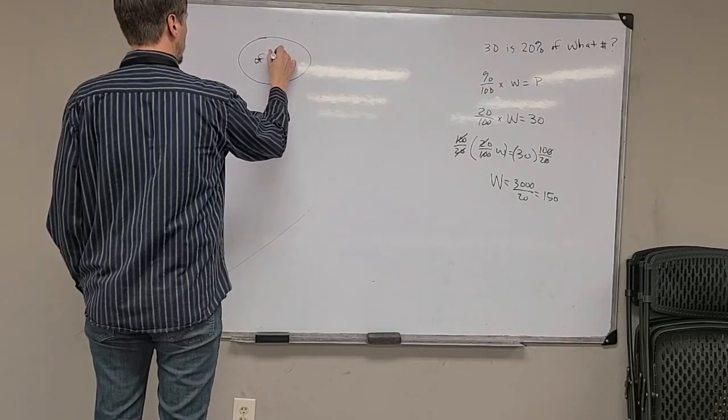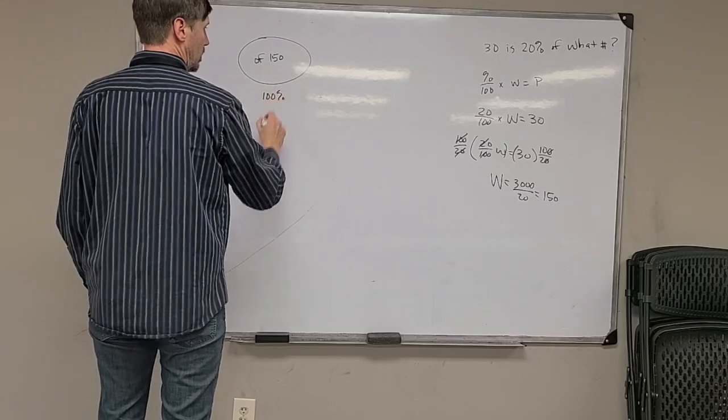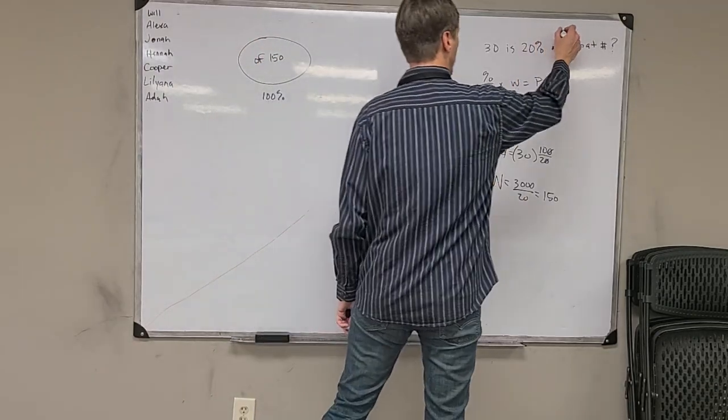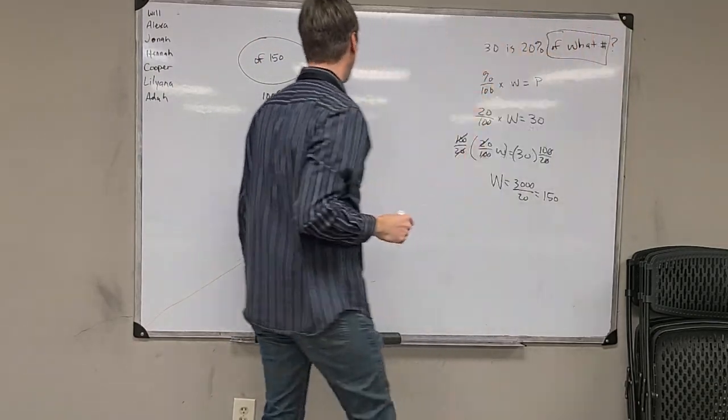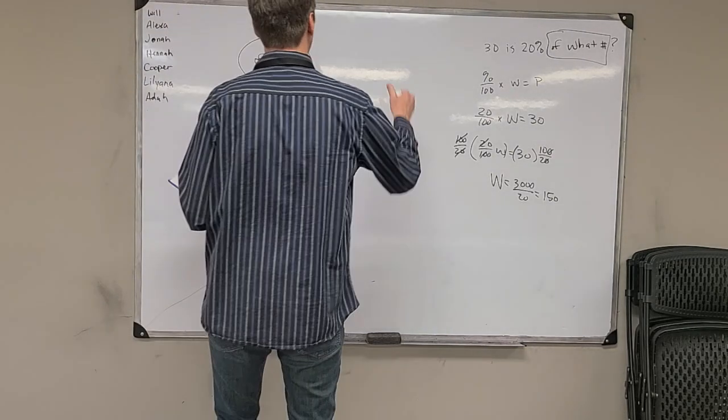So of 150, that was 100%. Notice here we're trying to find the "of what number." So that's the 150. And then when we take 20% of that, it looks like this.